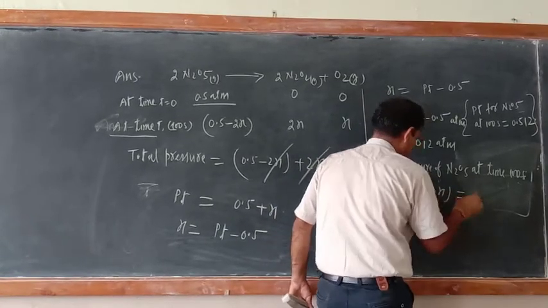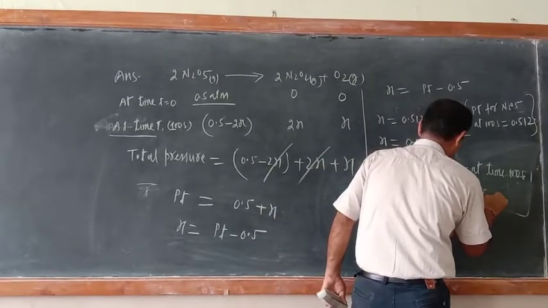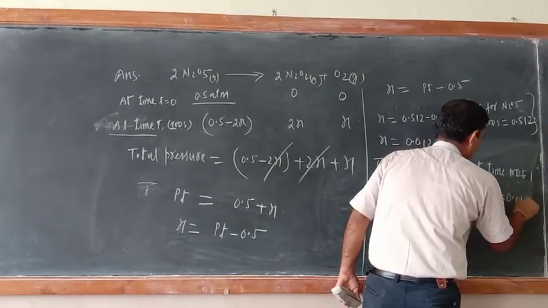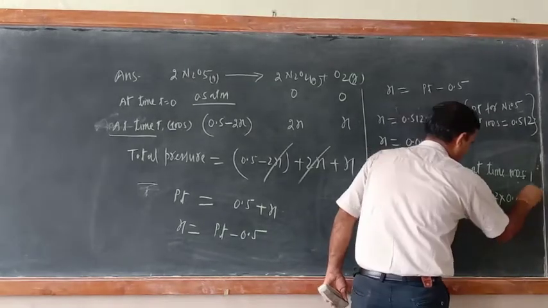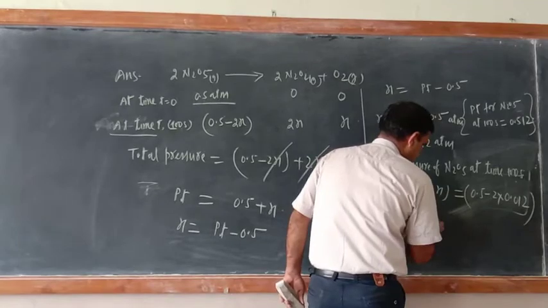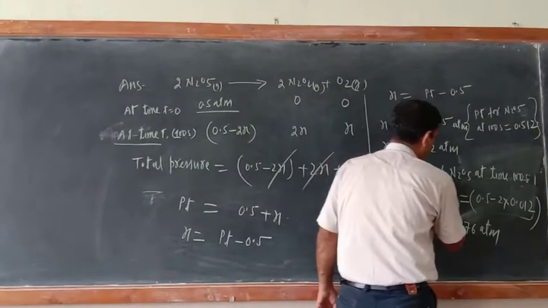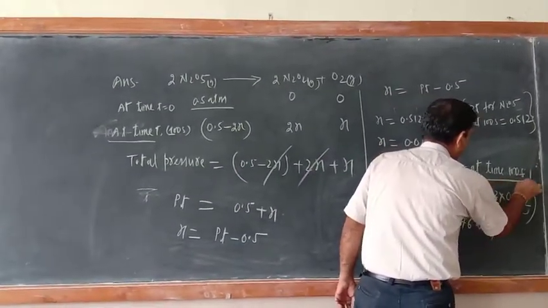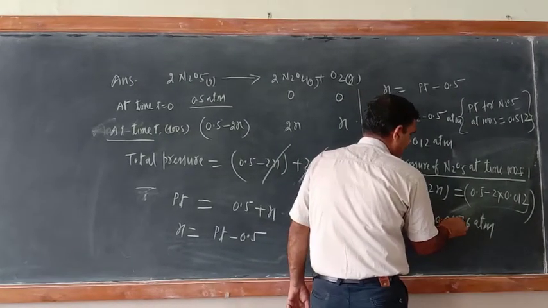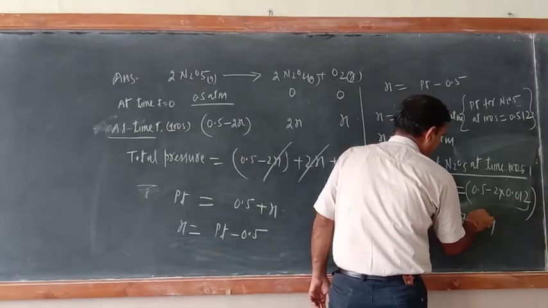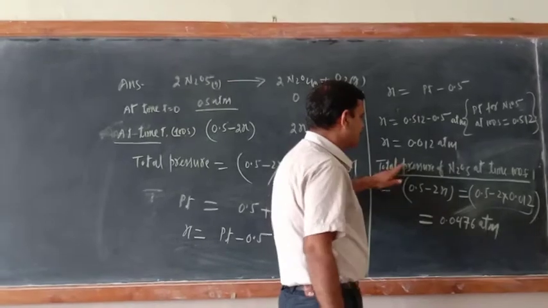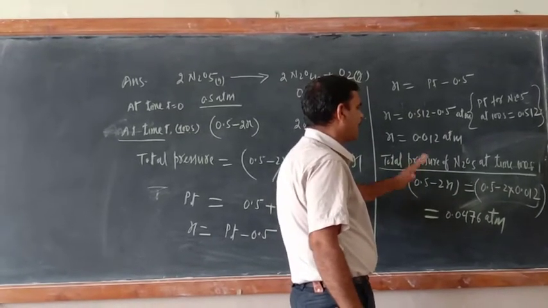So that is equal to 0.5 minus 2 into 0.012. If you multiply this one, so dear cadet, pressure of N2O5 at time 100 seconds equal to 0.476 atm. So now this is the pressure of N2O5.